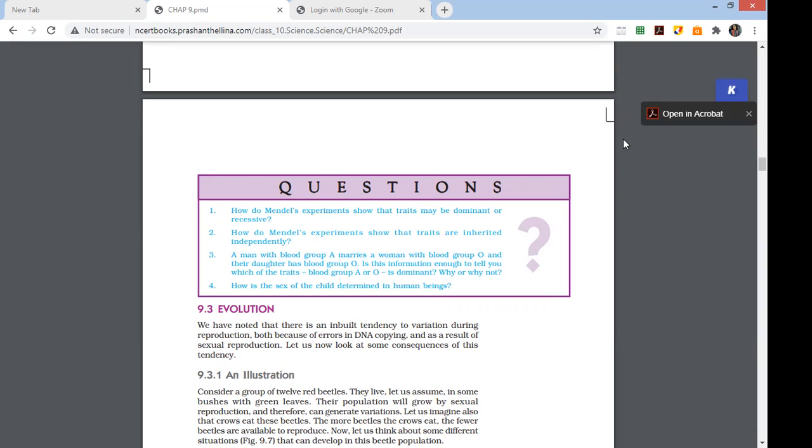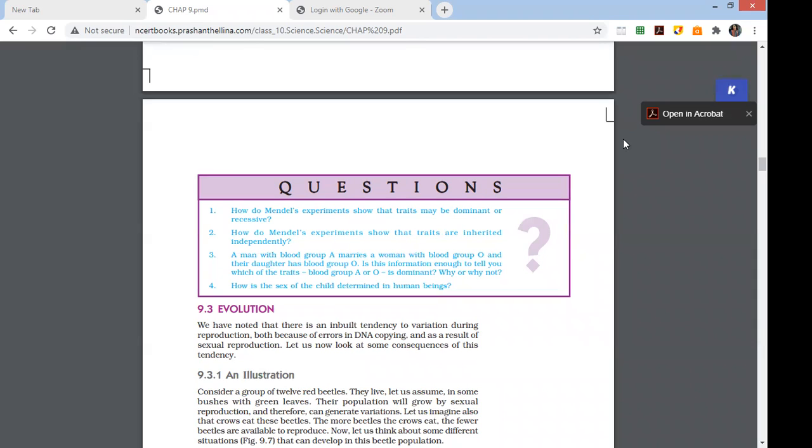So by these two techniques, he cross-pollinated pure breeding pea plants with contrasting traits. But in the next generation, that he called F1 generation, he observed only one kind of trait.